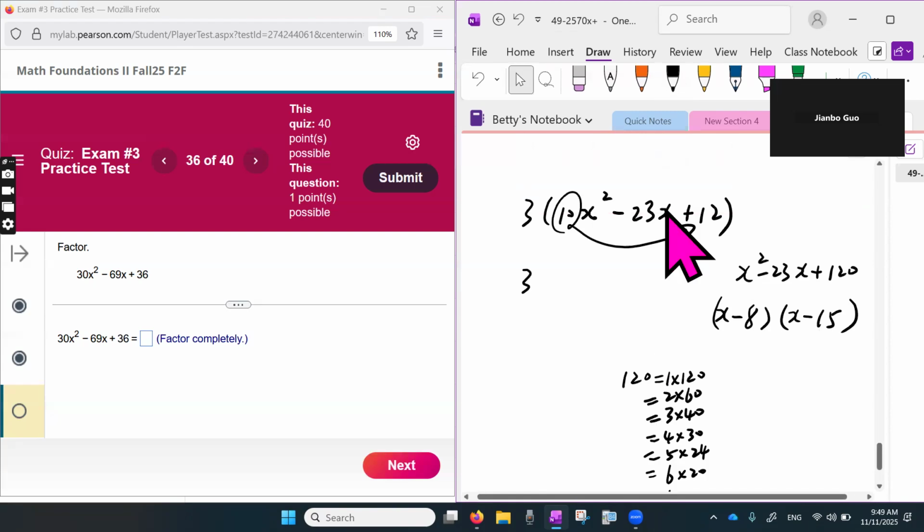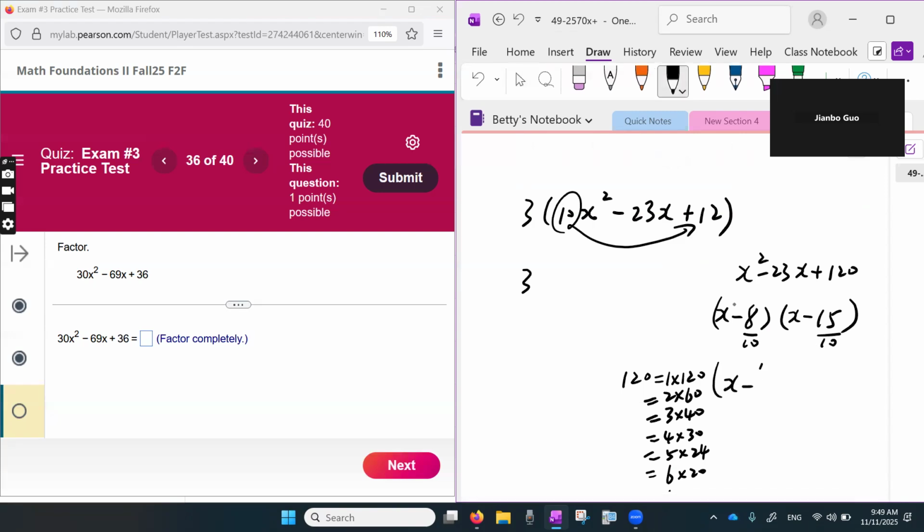And then divide by 10. Simplify: x minus 4 over 5, x minus 3 halves. Divide it back, 5x minus 4, 2x minus 3.